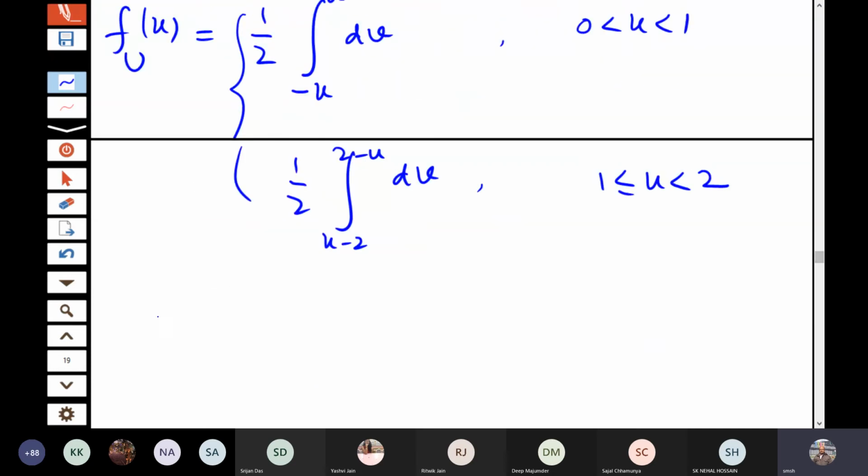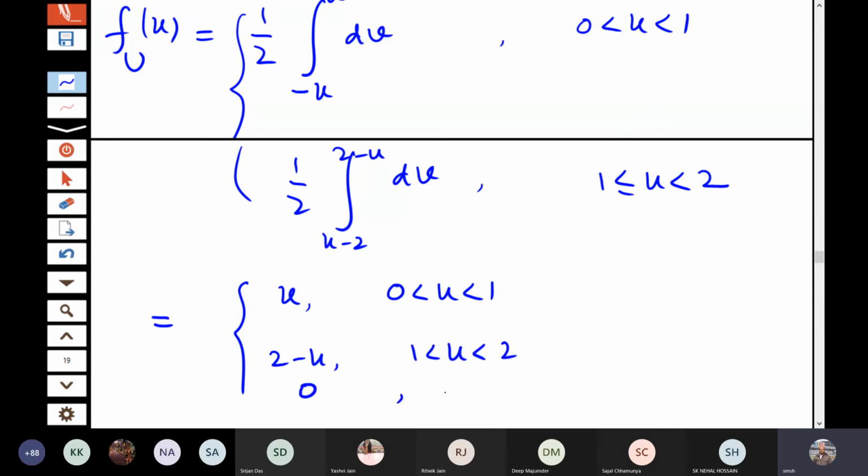So of course this is an extremely simple integral. This gives me u for 0 less than u less than 1, and 2 minus u for 1 less than u less than 2. It is 0 elsewhere. So this is the distribution of u, that is the sum of two independent uniform 0 1 distributions.